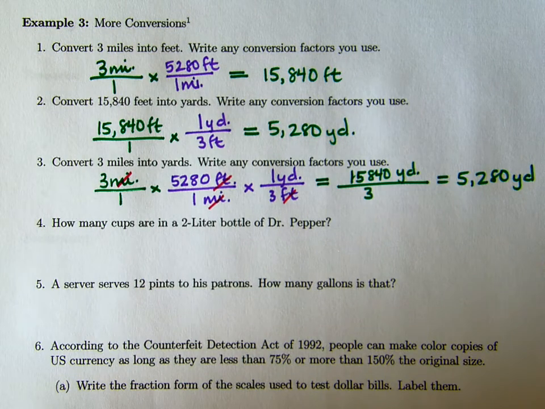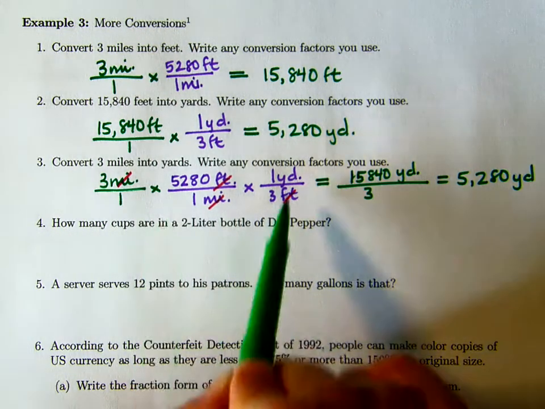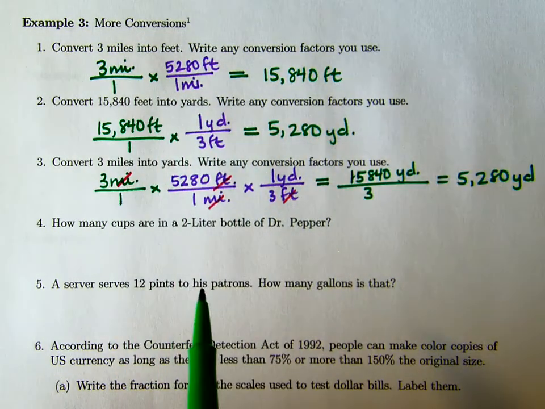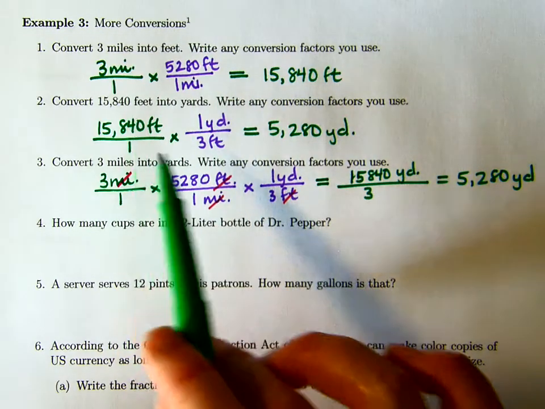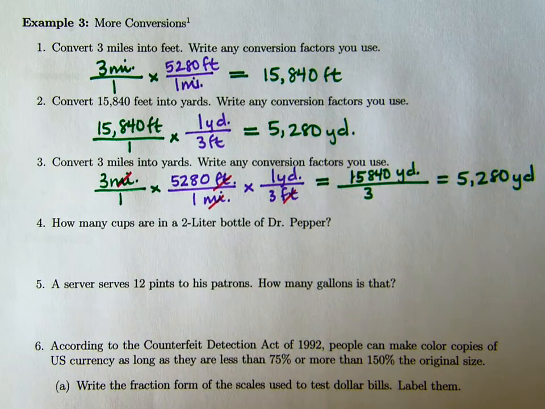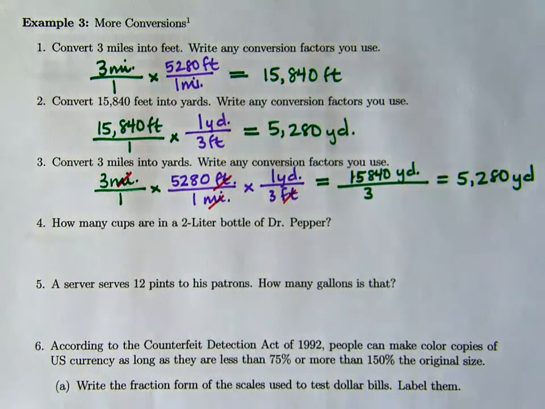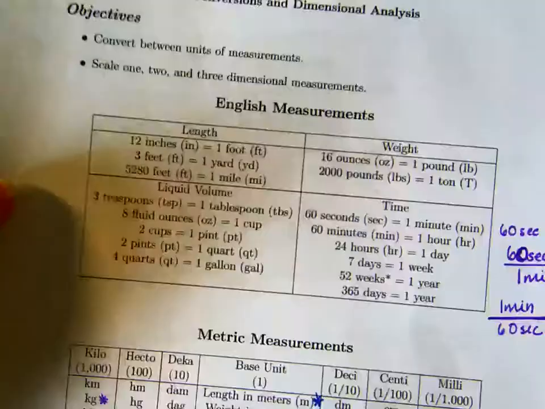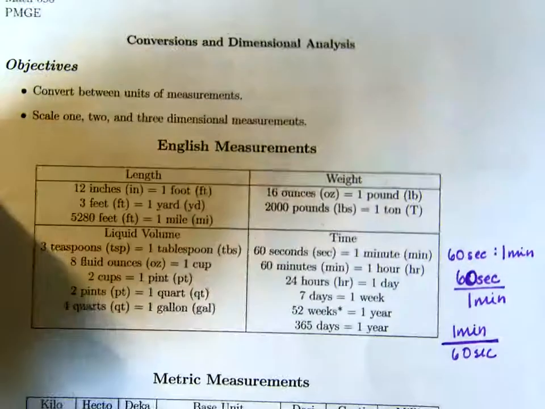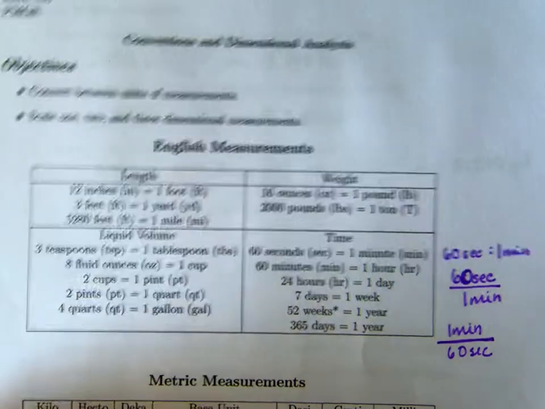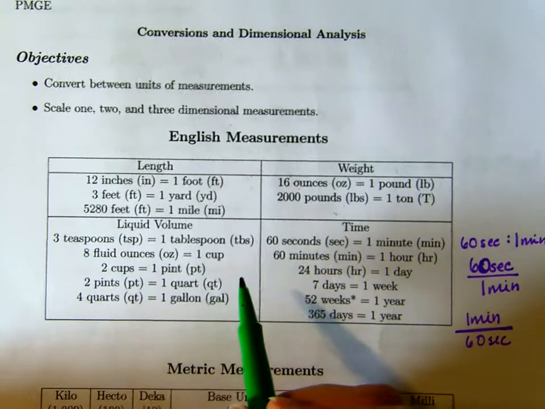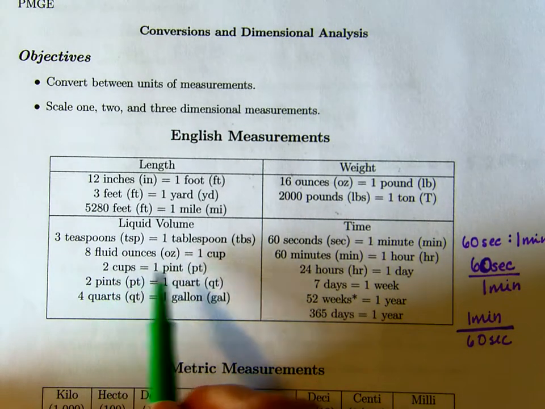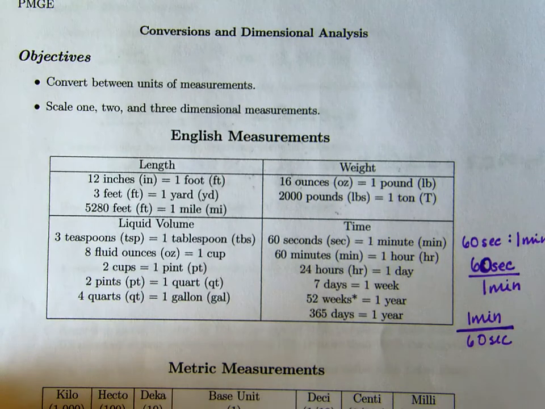So if you didn't like this, maybe you would prefer it like that. And if you get tired of doing it like this, maybe you would prefer to synthesize it into this. How many cups are in a 2-liter bottle of Dr. Pepper? All right. What did it say? How many cups in a liter? I see that we can go to cups and to pints.